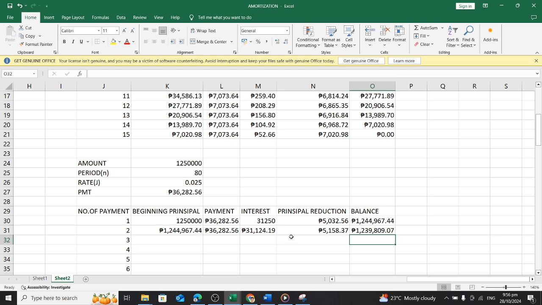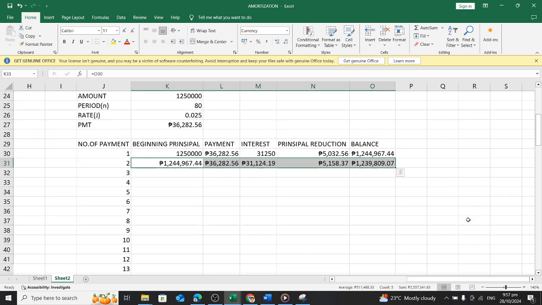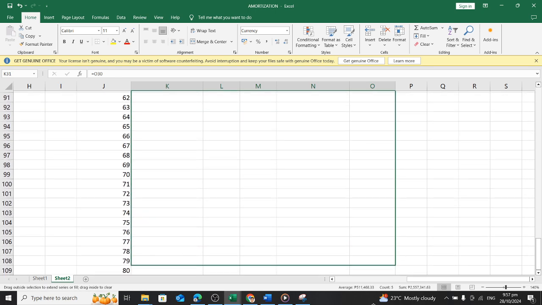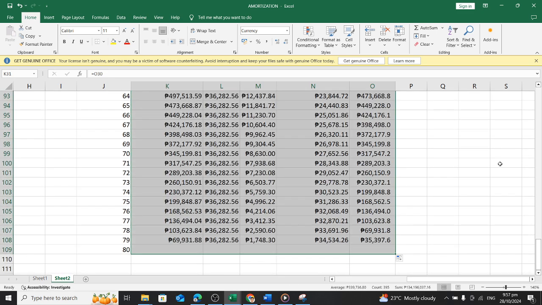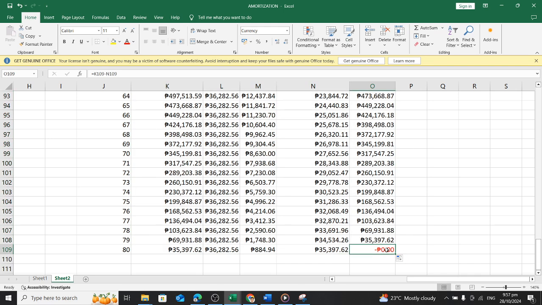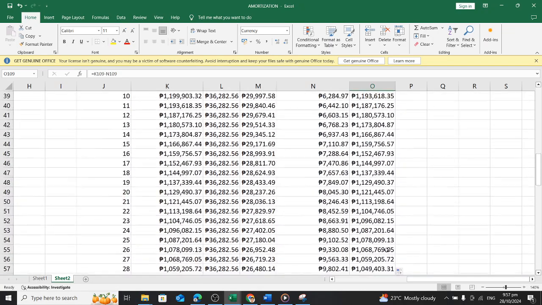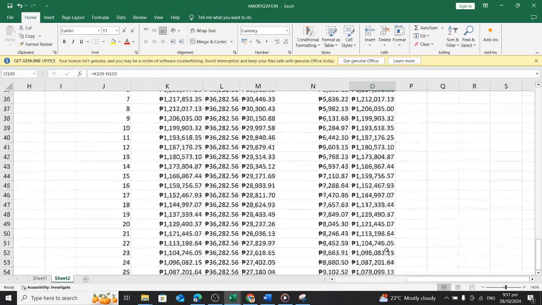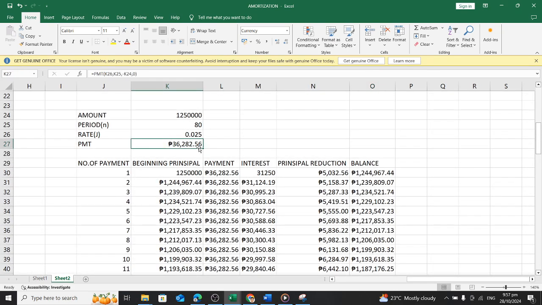Okay? So we have input our formulas as well as these dollar signs. So you can highlight this last row, row 2, go to the corner, and then you drag down to the last, number 80. Okay, as you can see, it is zero, meaning to say, you no longer have a debt. So you have finished paying your debt.